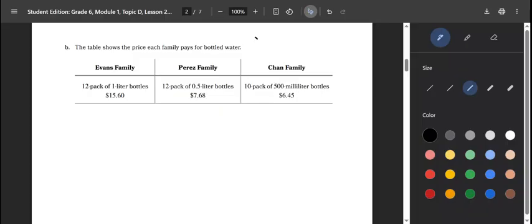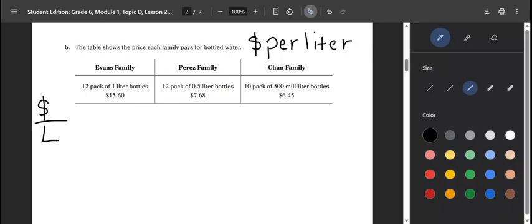So price per liter equals money over liters. The amount of money over the number of liters. We'll just abbreviate liters with a capital L.